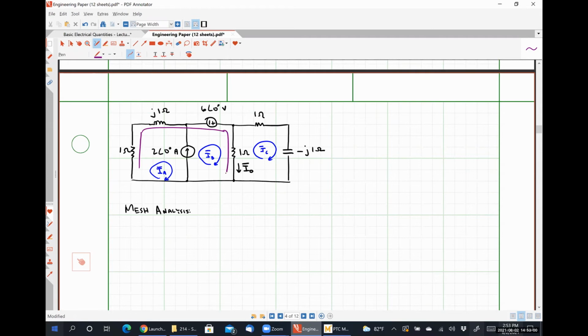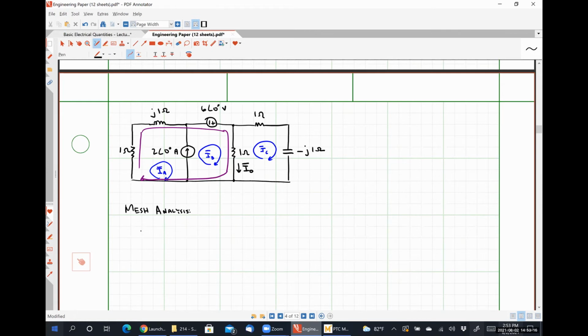So I'm going to follow this purple path. I like to write my current relationship equations first. For every current source, I should be able to write a current relationship equation.